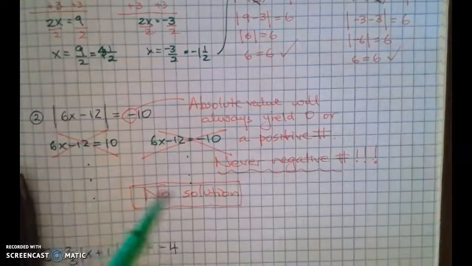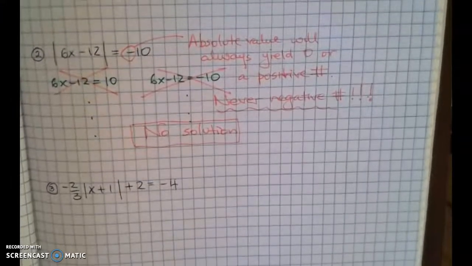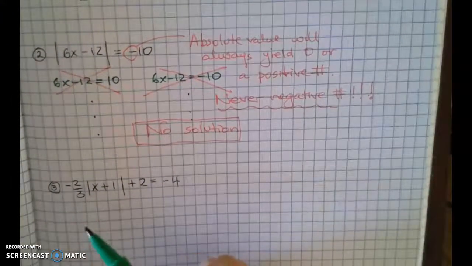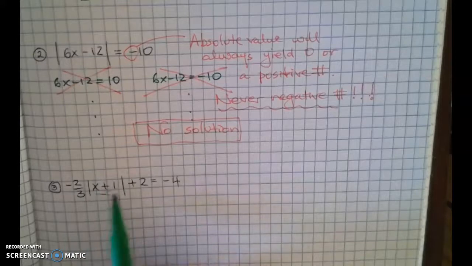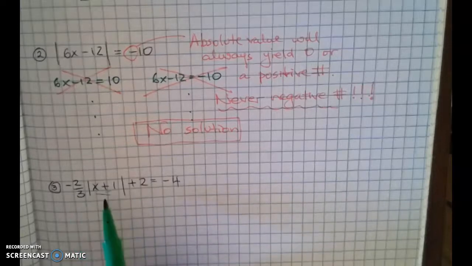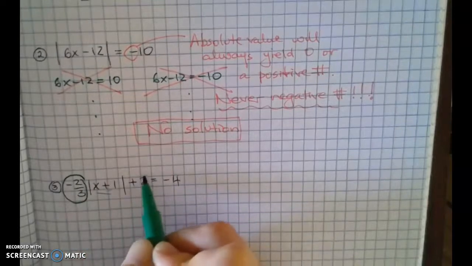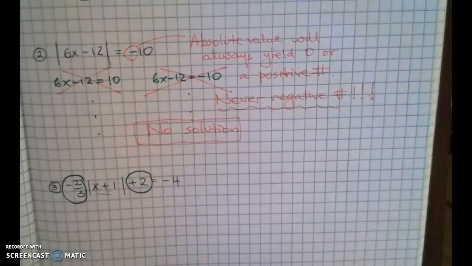Okay. All right, then let's go on to the final equation, which is probably the most difficult. Again, you need to be thinking about, okay, I need to isolate the absolute value expression to be on one side without all the other numbers around it. That means I need to get rid of this negative 2 over 3 and this plus 2.